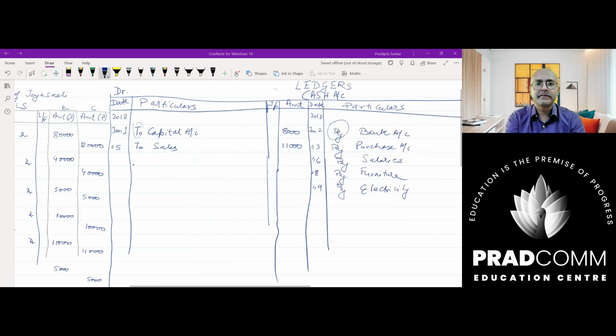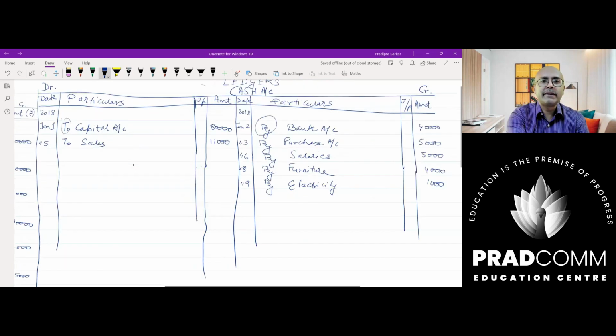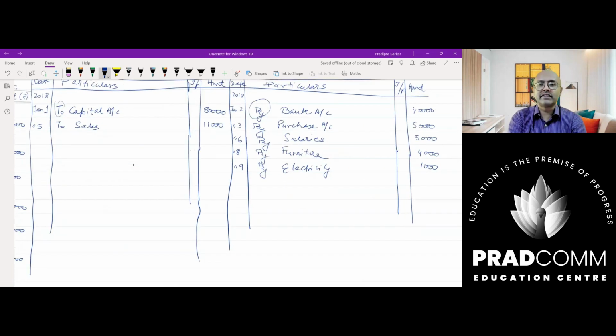My bad. So on the debit side, it is 91,000. And on the credit side, I can see it is 40, 5, 5, 10, 50, 55,000. The credit side is smaller than the debit side. The rule is, whichever side is bigger, you will have to write the amount on both the sides, like 91,000.